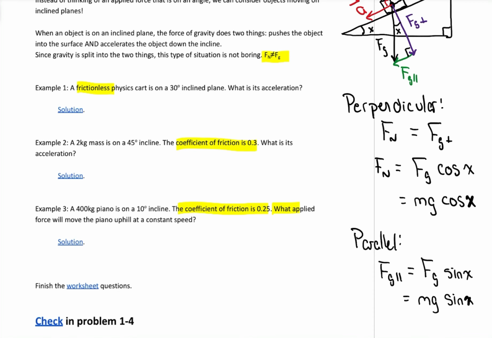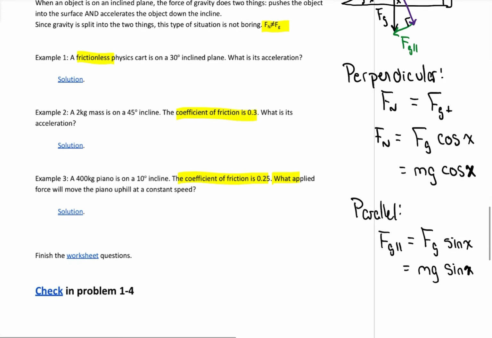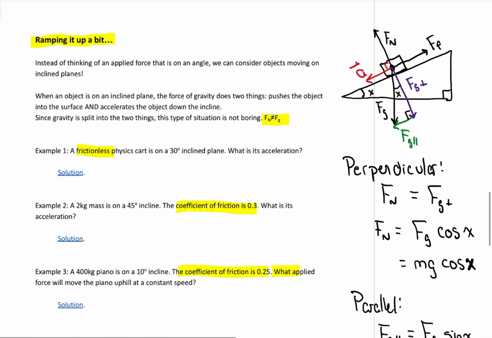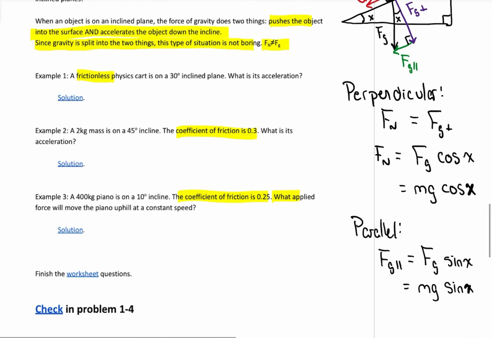So as you start working through objects on inclines, the new thing is you have to take components of the gravity force. The gravity force is doing two things. It's keeping the object stuck to the ramp, and it's accelerating the object down the incline. Since gravity's on a funny angle compared to the acceleration, we have to take the components of gravity.